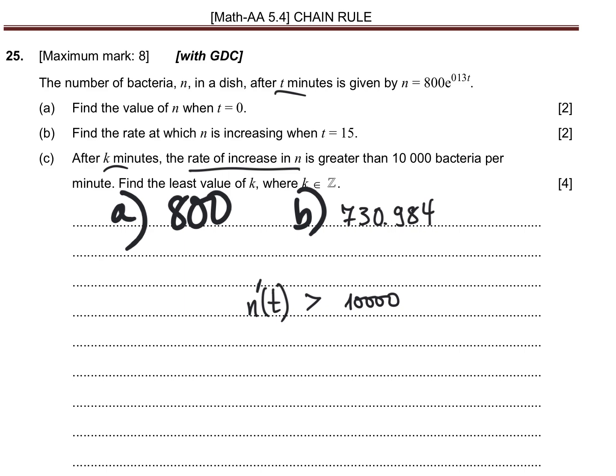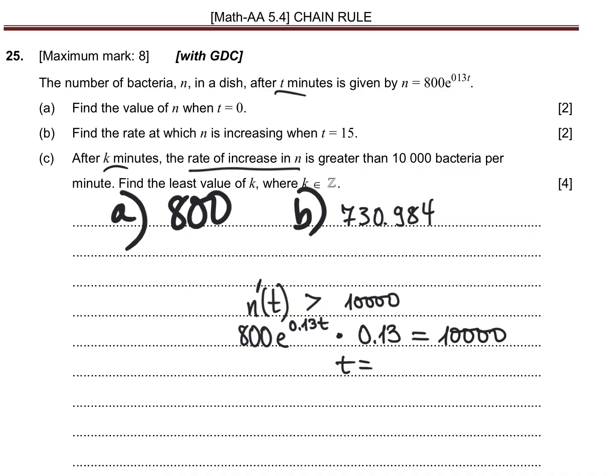Find the least value of K. So this one the calculator can't do. We have to find the derivative, which is 800 e to the 0.13 t times 0.13. And then in the calculator, you can n solve to see what t is equal to. And that's right when the rate of increase is equal to 10,000.